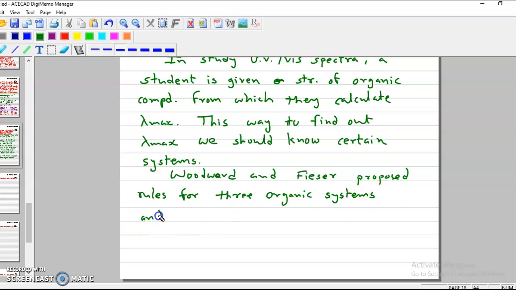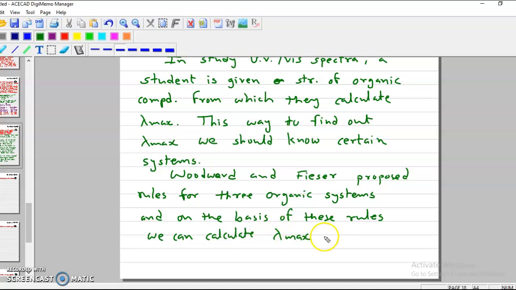And on the basis of these rules, we can calculate the lambda maxima value of an unknown compound.